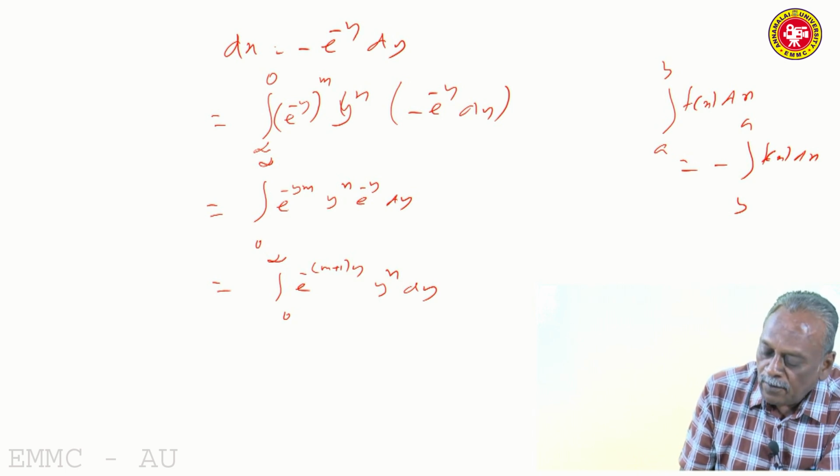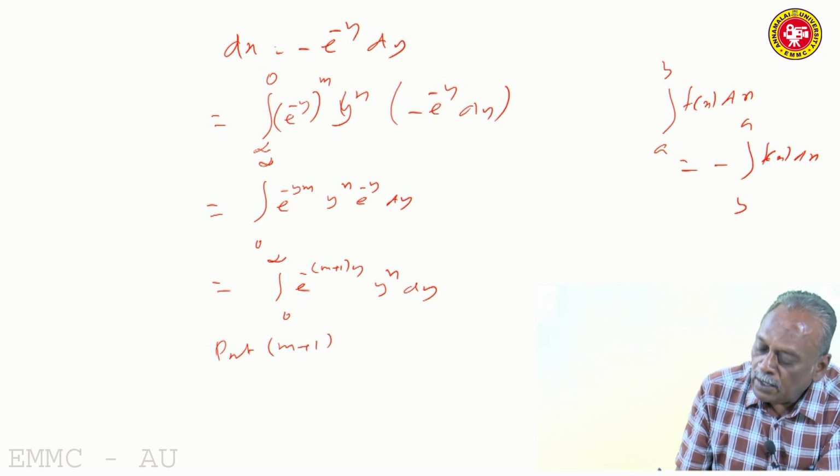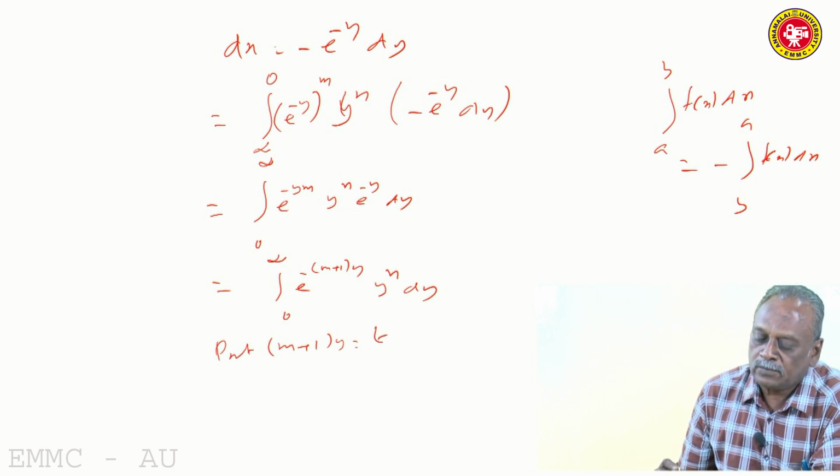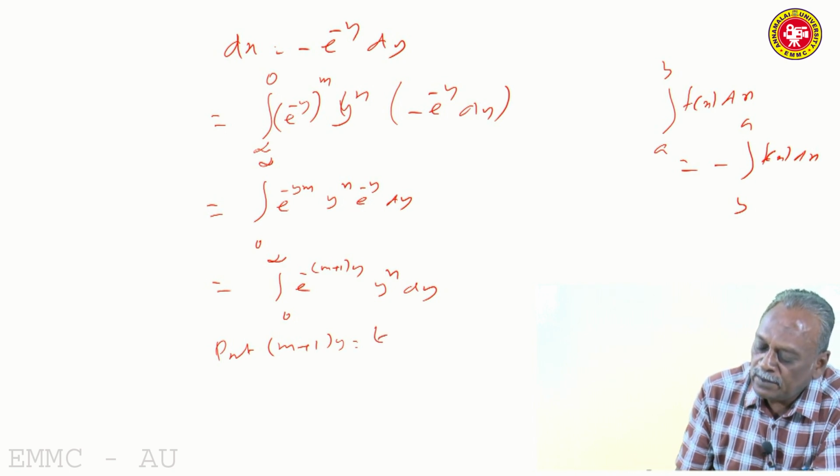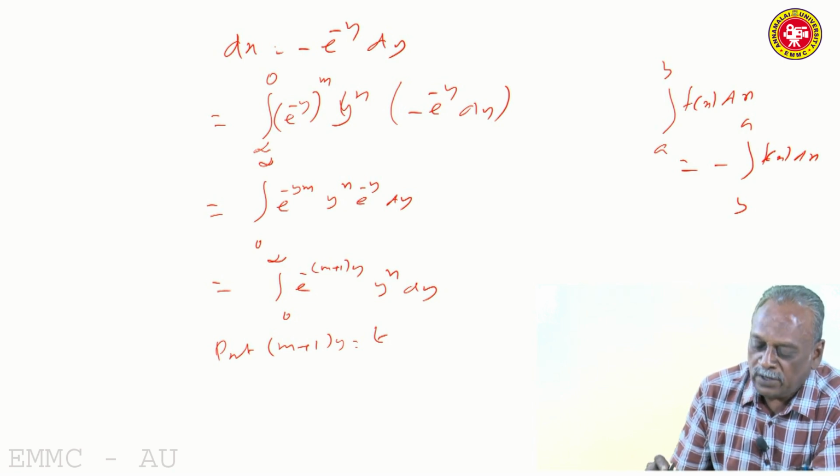Put m plus 1 into y equal to t. Here the limit for y is 0 to infinity. When y equal to 0, t is also 0. When y equal to infinity, t is also infinity.